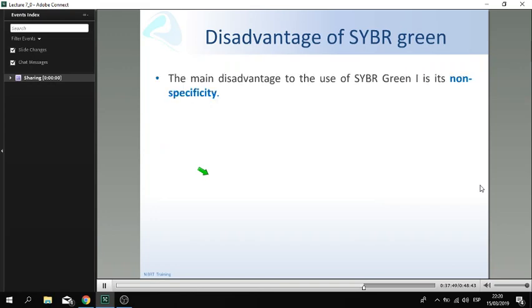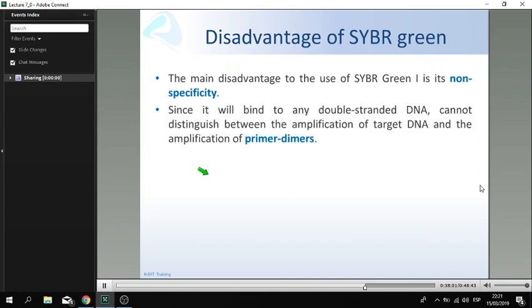But there are quite a lot of disadvantages of SYBR Green. The main disadvantage is that it's not specific. It's not just going to bind to your DNA, it will bind to any double-stranded DNA that you have there. So it cannot distinguish between amplification of your target DNA and amplification of, for example, primer dimers. Primers tend to dimerize, so they bind to each other and become double-stranded DNA, and SYBR Green binds to them.